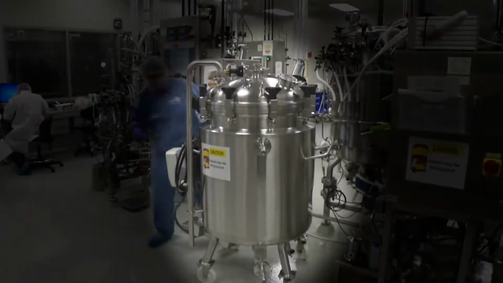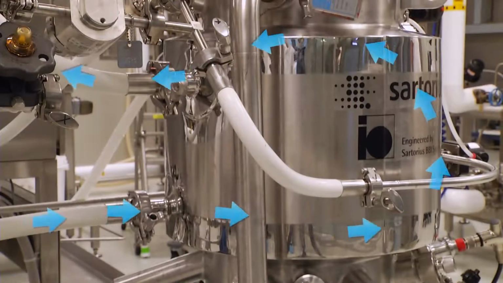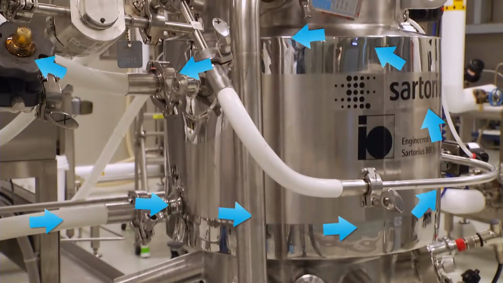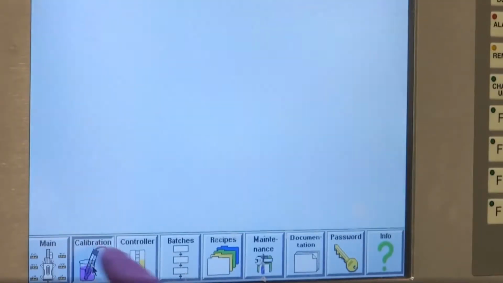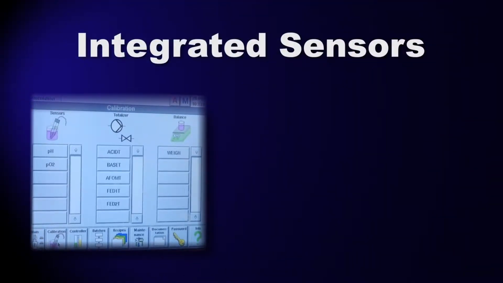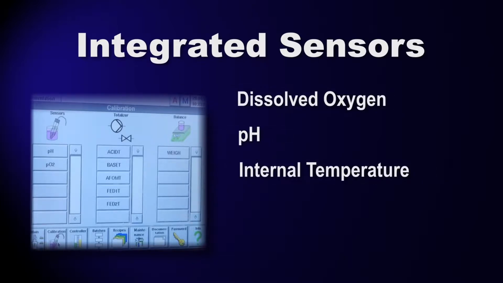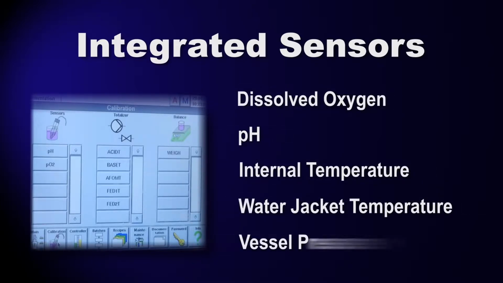The bioreactor is equipped with a water jacket around the vessel to regulate temperature, and integrated sensors to monitor key environmental factors, including dissolved oxygen, pH, internal temperature, water jacket temperature, and vessel pressure.